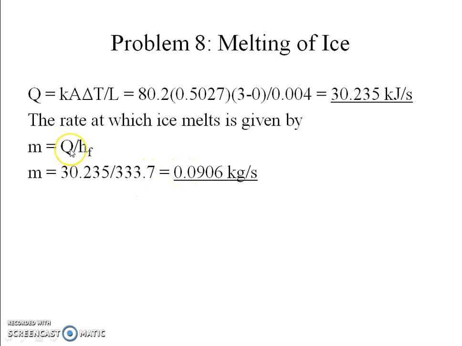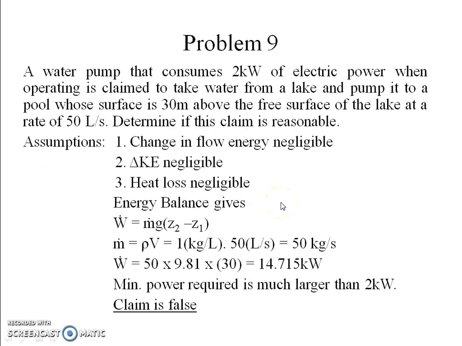So we are just dividing the heat which is leaking inside the container by the heat of fusion. It will give you the mass of ice which melts. So the rate at which ice melts comes out to be 0.0906 kg per second.